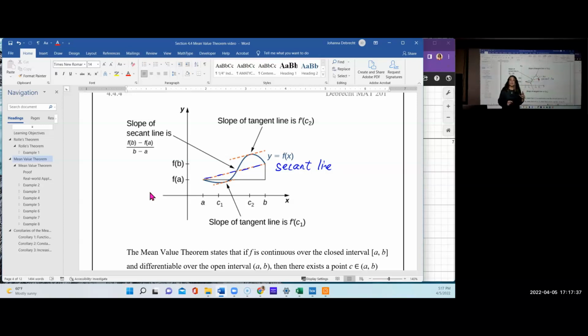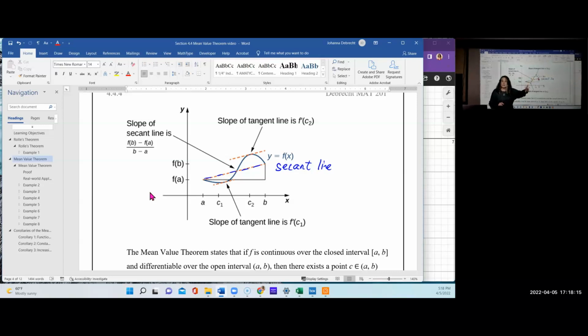As long as the function is continuous over the closed interval, so that we have no holes, no jumps, no displaced points, no vertical asymptotes, and differentiable over the open interval, meaning no corners, no cusps, and no points of vertical tangency between a and b, then there has to be a point c between a and b, open, where the derivative at c has the same value as the slope of the secant line.